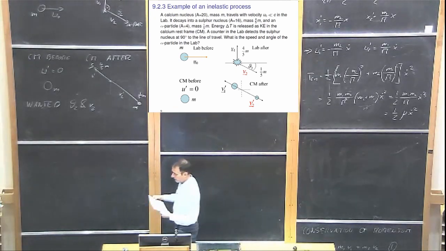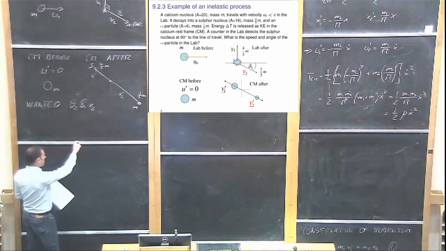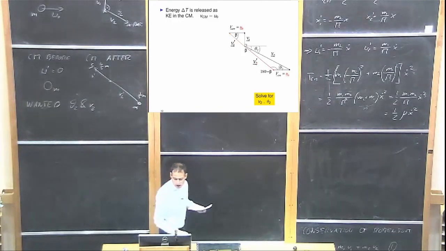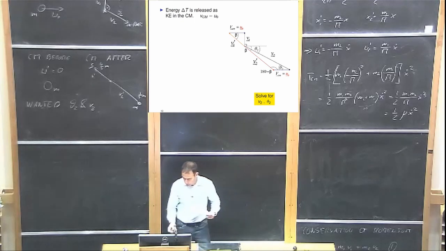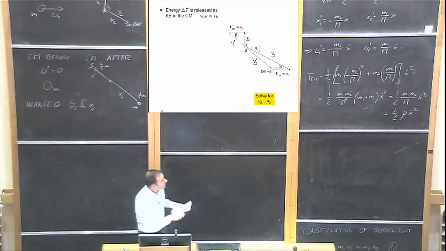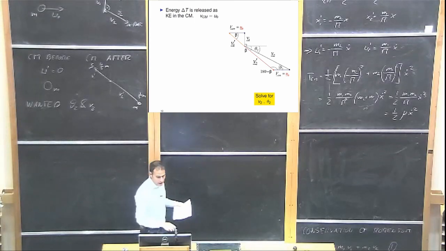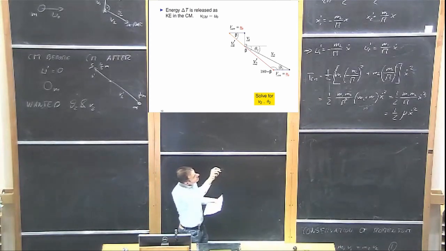Now, as before, we look at the vector diagram. It's drawn here on the right-hand side, and I'm not going to draw it again because I think it won't turn out as clear as the one up there. So the energy delta T is released as kinetic energy in the center of mass frame, and we know that the velocity of the center of mass frame is U naught.